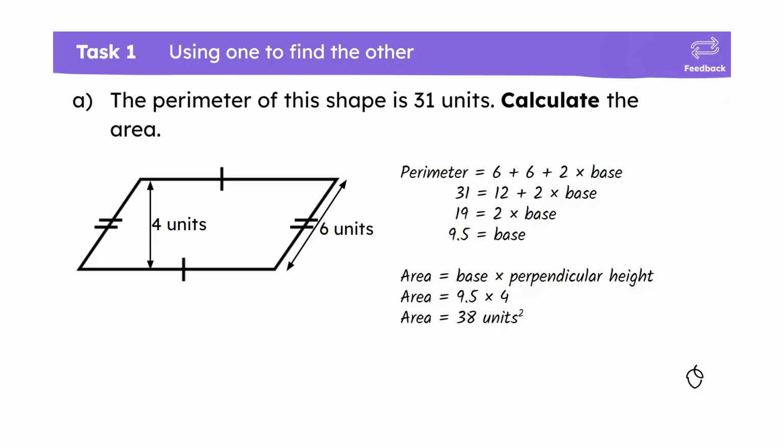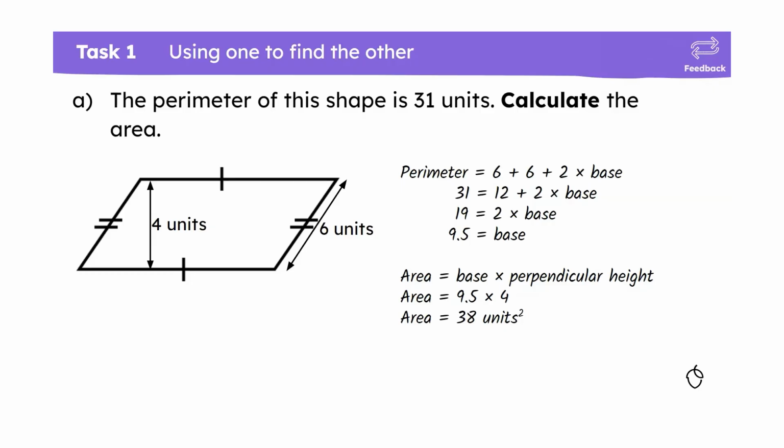So I know the perimeter is 6 plus 6 plus 2 lots of the longer parallel side. I'm referring to that as the base because I know I'm going to use this for my area calculation very soon. So 2 lots of the base. Well, 6 add 6 is 12. 12 plus 2 lots of the base must be 31. So 2 lots of the base must be 19, and therefore the base length is 9.5.